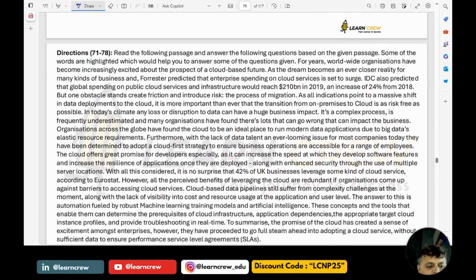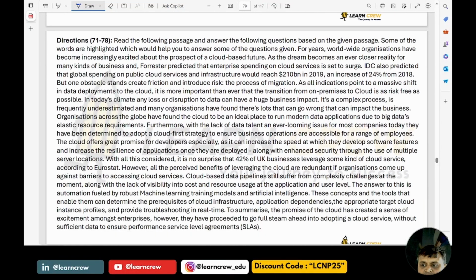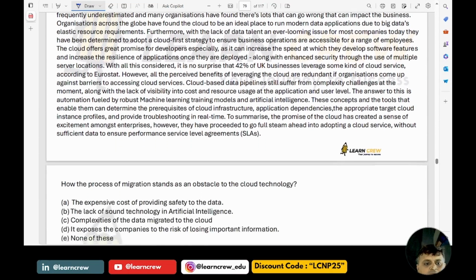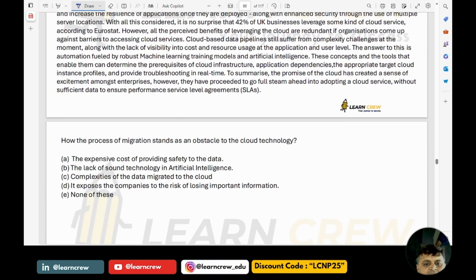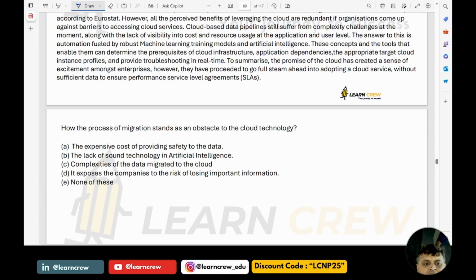Now 73rd question. How the process of migration stands as an obstacle to the cloud technology? So where you have the expensive cost, the lack of sound technology in artificial intelligence, complexities of data migrated to the cloud, it exposes the companies to the risk of losing important information.